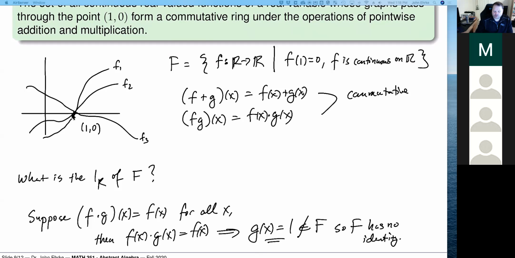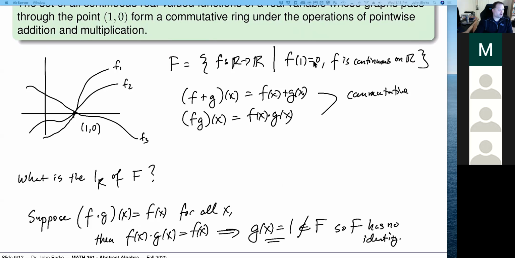We sort of cleverly defined what point all the functions would go through so that we could generate a ring that doesn't have identity. And if you think about it, if a function passes through (1, 0) here, then both of these add to be 0. The 0 is really important. I couldn't do any arbitrary point.